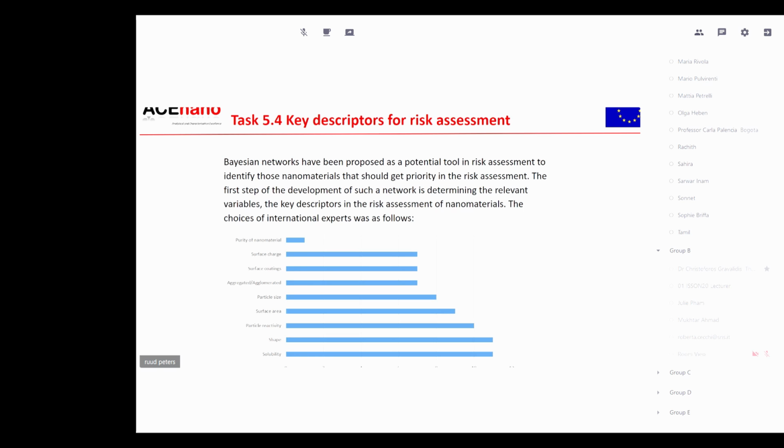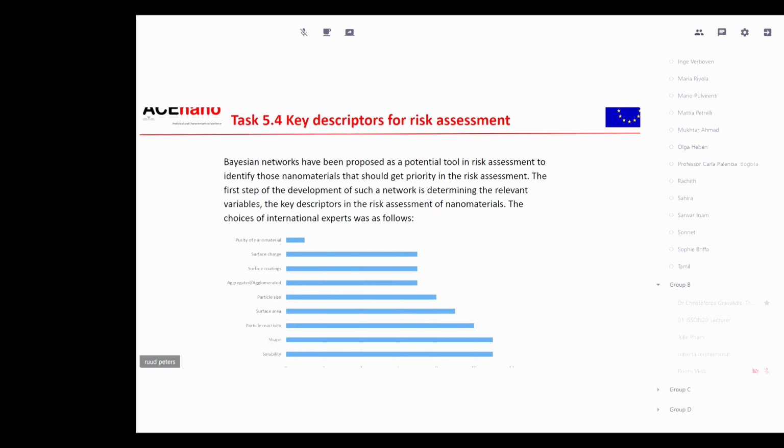The first step in the development of such a network is determining the relevant variables. Well, which are the key descriptors, of course, in the risk assessment of nanomaterials. Now, that is exactly what we want to know for our nanomethod decision tool, and so we can use the results which they have found here. And in a recent study, 2 rounds of expert consultation were used to determine which key descriptors are most relevant for risk assessment.